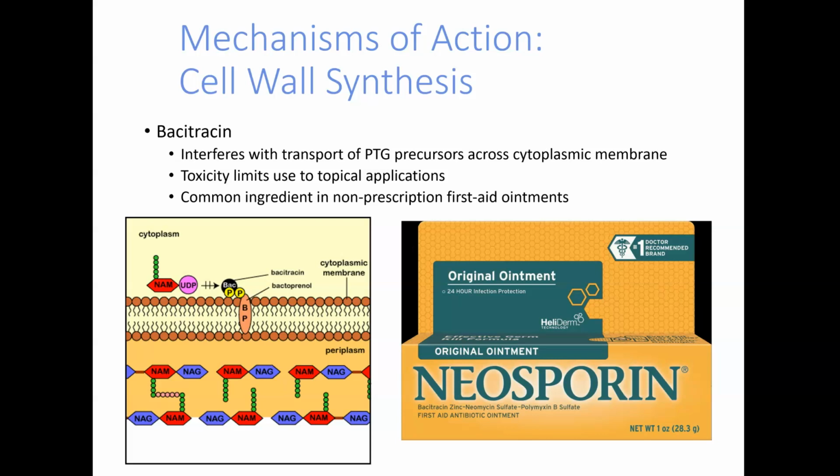It turns out that they import some of the precursors into the cell, and bacitracin prevents the NAM, right here, from getting across the cell membrane so that it can become part of the cell wall. So the cell has to import this precursor across that cell membrane, and this basically destroys the integrity of the cell wall for these bacteria.